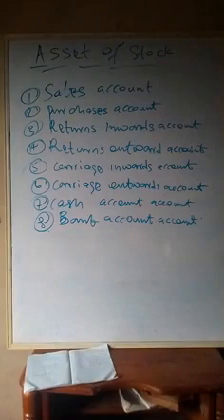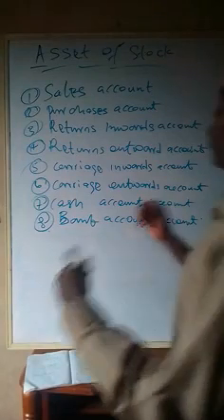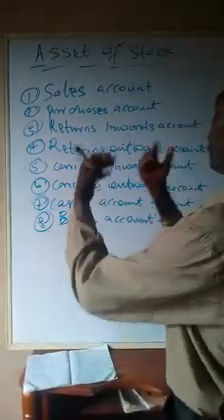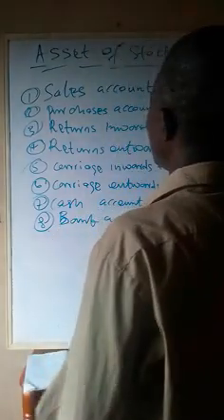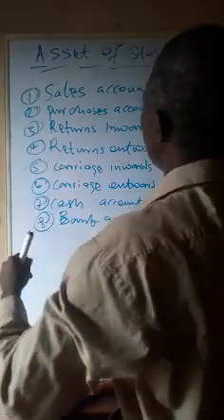So these are the asset of stock. Why do we call it asset of stock? We call it asset of stock simply because they are the ordinary activities of the business. That is, they are what the business is dealing in.